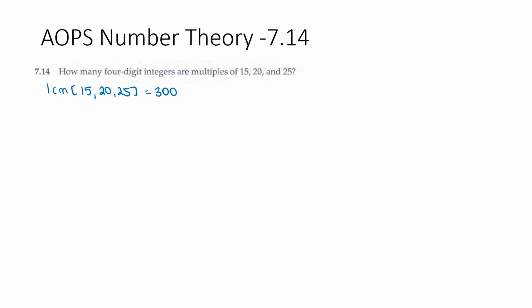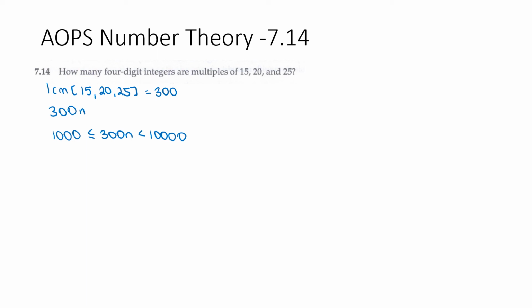So any of the multiples of the LCM of these three numbers can be written as 300n. So since it's a 4-digit number, that means 1000 is less or equal to 300n, which is less than 10,000, so that it's a 4-digit number.